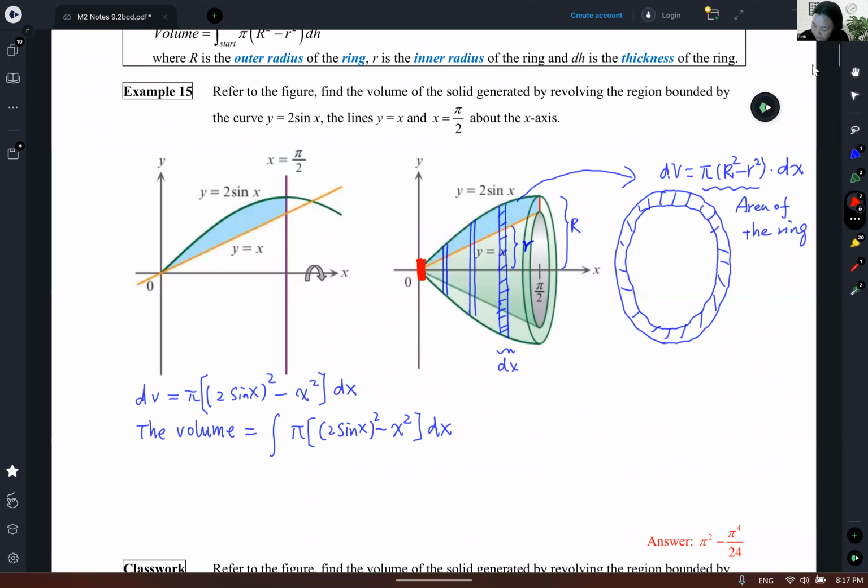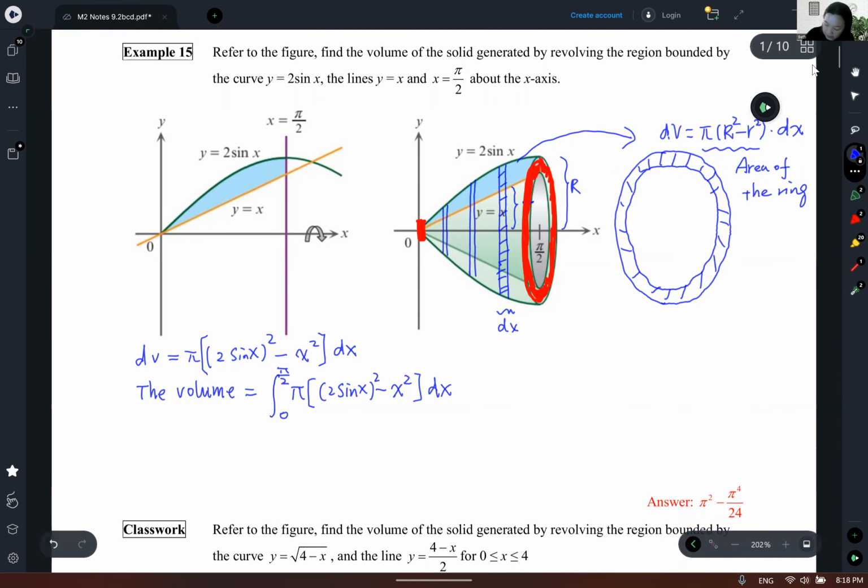The first piece is very small, and this is the last piece. The first piece is when x equals 0. The last piece is when x equals pi over 2. And then we simplify and integrate.